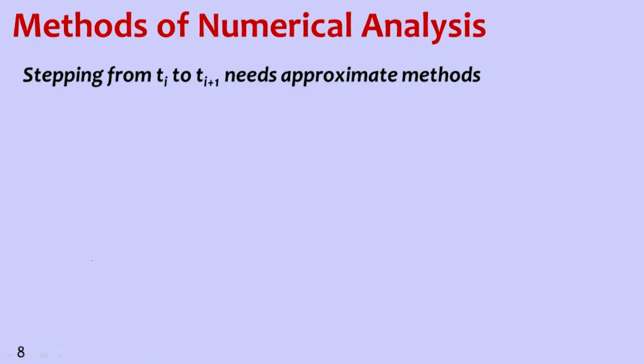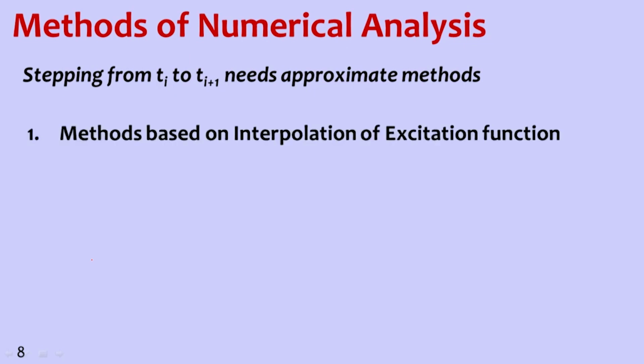The solution should converge to the exact solution as the time step decreases, that is convergence; it should be stable in the vicinity of the solution, that is stability; and the procedure should produce close enough results, that is accuracy. Now, what types of numerical methods are available for solving the dynamic equilibrium equation? Stepping from time ti to ti plus 1 needs approximate methods.